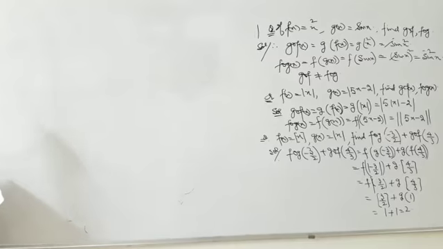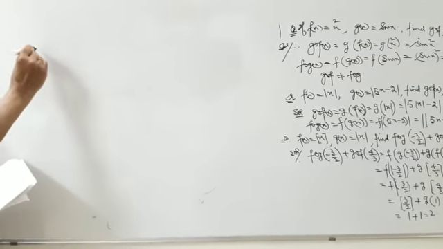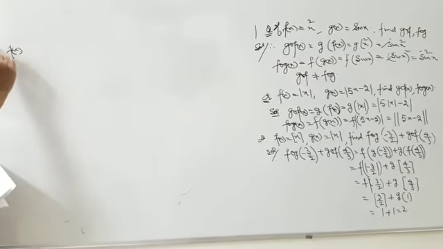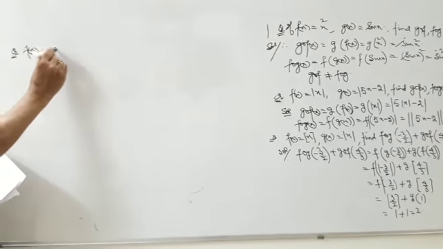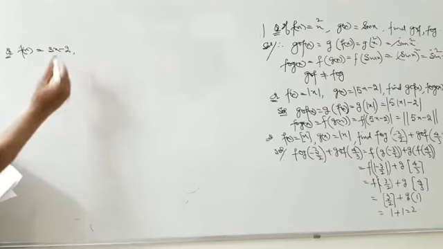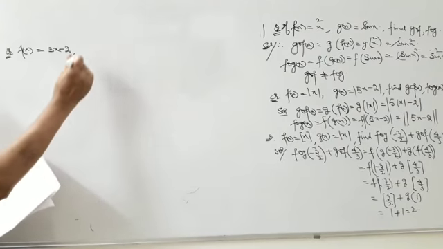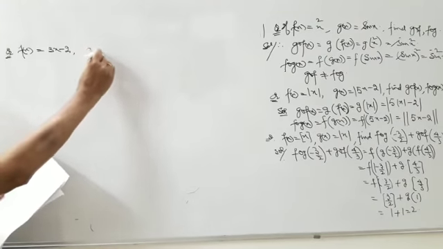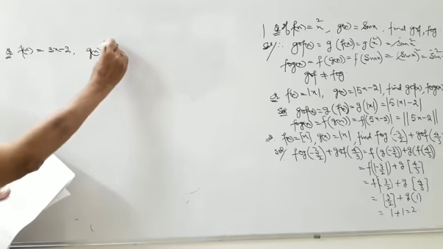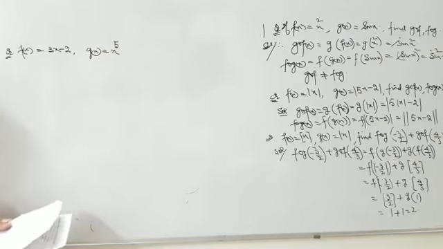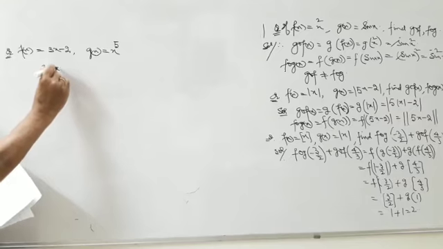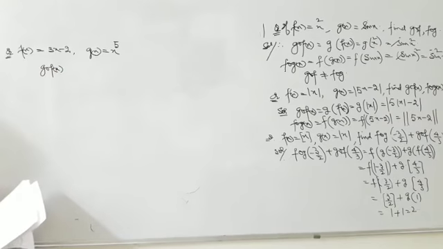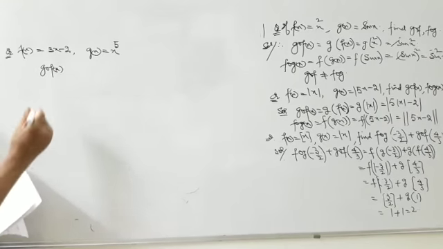This is another question I can add. f(x) is equal to 3x minus 2, g(x) is equal to x to the power 5. He says find the value of g circle f of x.